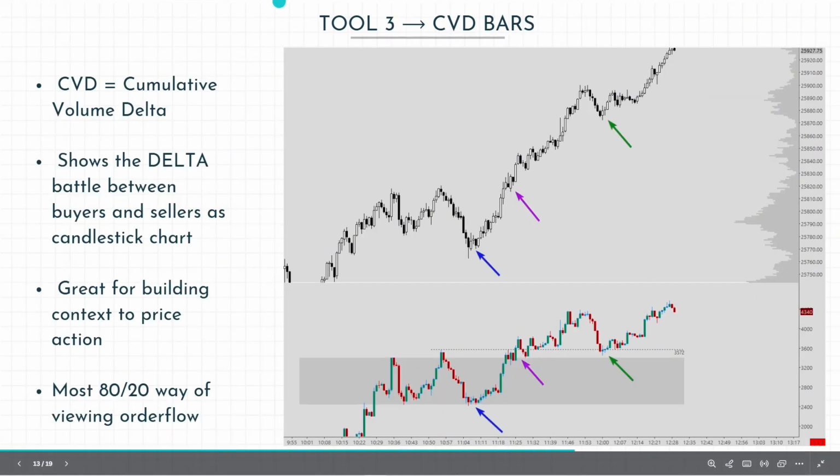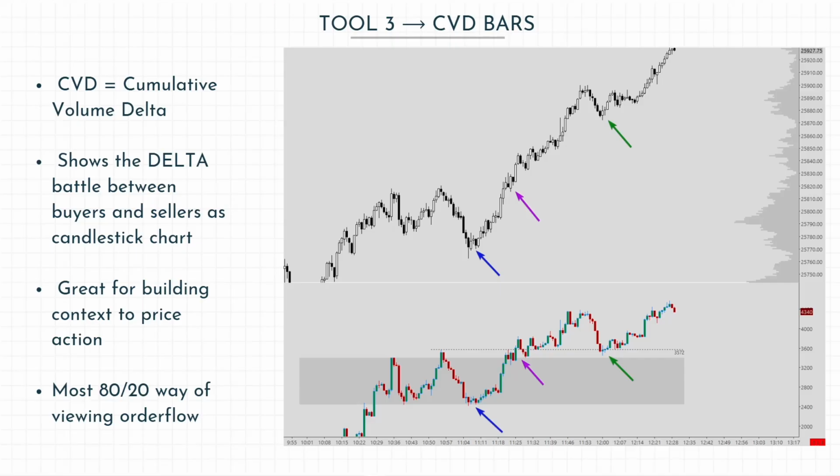The third tool is CVD bars. Now this is an interesting one. I would say that this is the most 80-20 order flow tool. The reason I say that is because it represents the information in the cleanest way from my personal perspective.